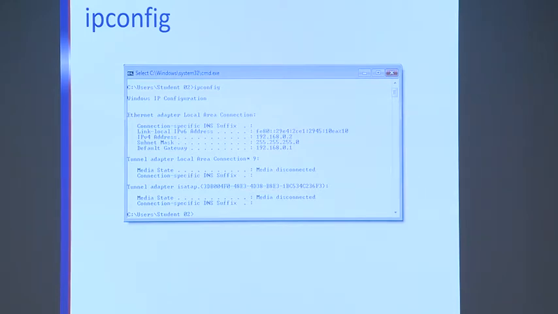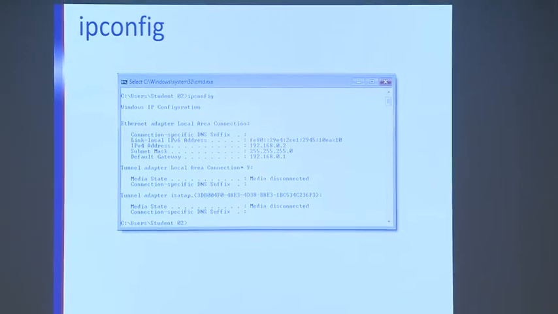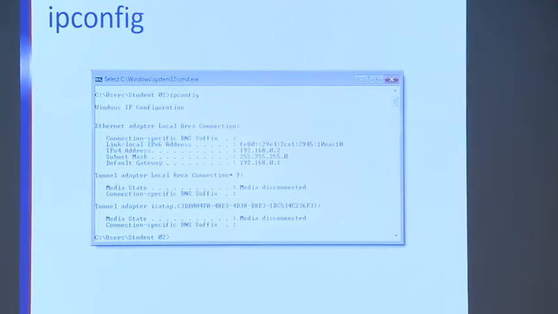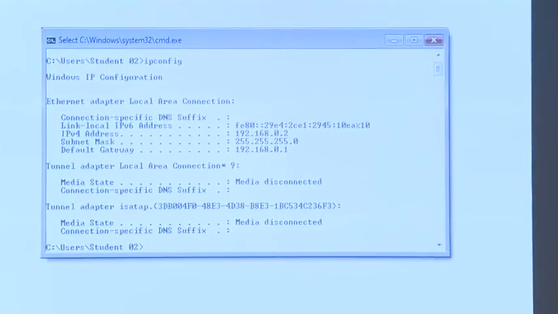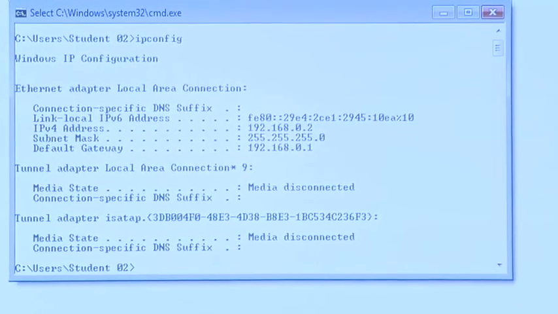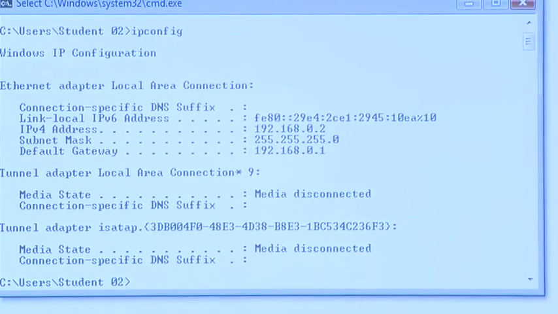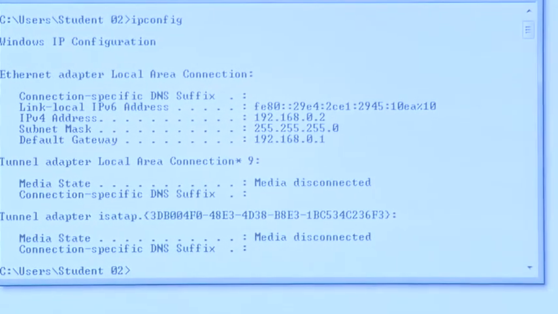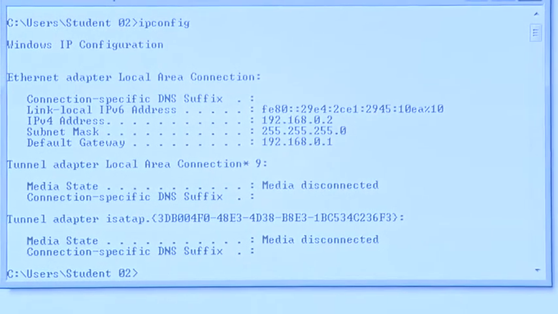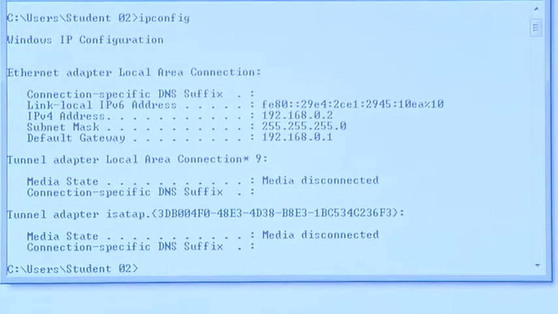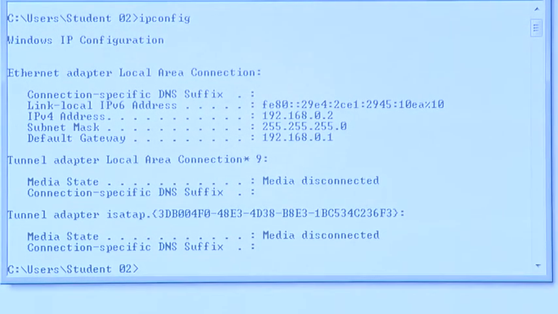You'll also notice that it has something in there called an ISATAP tunnel. The ISATAP tunnel is the third line from the bottom. It shows the ISATAP tunnel, and it's showing me a very weird address. ISATAP is provided by Microsoft to begin the transition from IPv4 to IPv6.